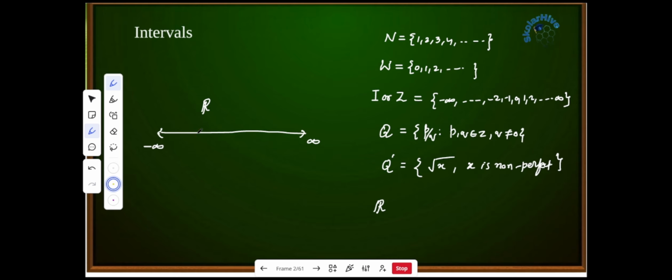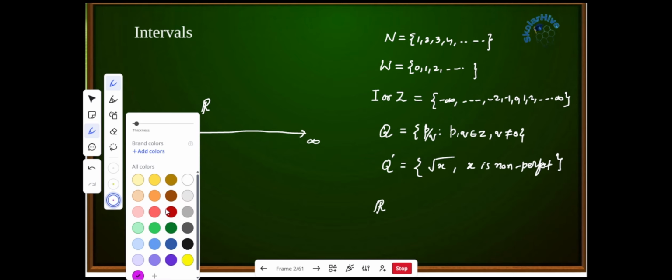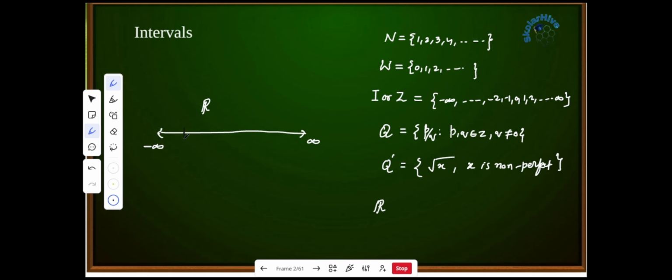If we take any one point, let's say 2, and here let's say 3, between these two numbers you can find infinitely many numbers. On a number line, if you have any two numbers, you can find infinitely many real numbers between them.